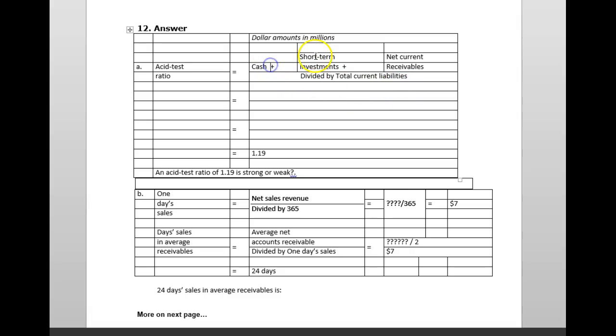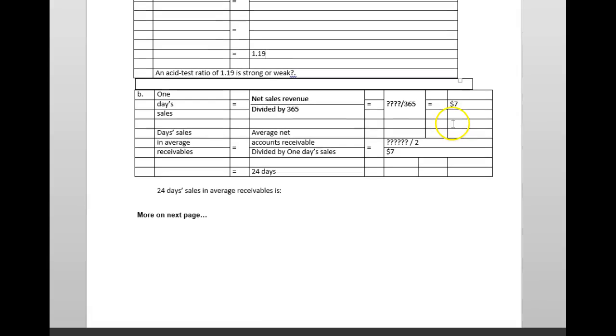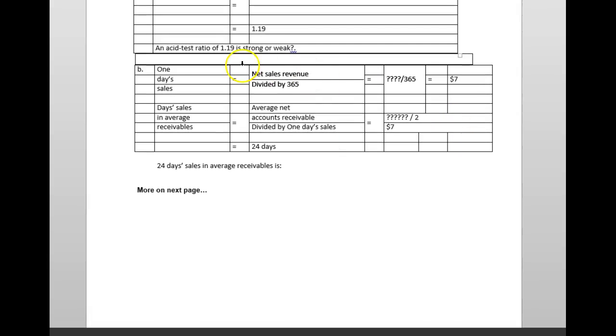You need to take cash plus short-term investments plus the net current receivables and divide it by total current assets. After you do all the calculations, you should come up with 1.19. So that'll be a check figure for you to make sure you're heading in the right direction. And then they want to know, is that strong or weak? What is that? Read the book and see what the book says, and the suggestions for the book.